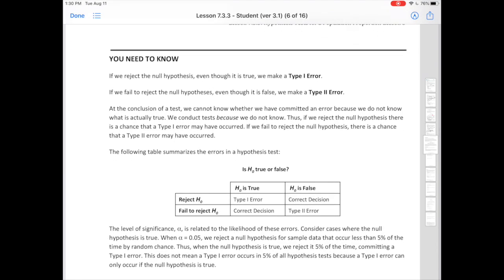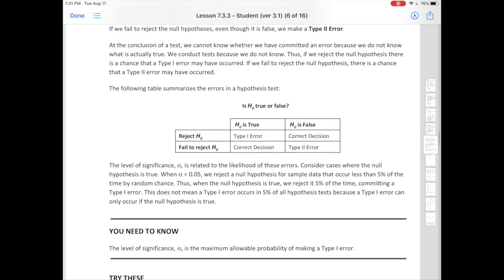So if we reject the null hypothesis, even though it is true, we call that a type 1 error. If we fail to reject the null hypothesis, even though it is false, we make a type 2 error. The thing is, you're never going to know if you made one of these errors. At the conclusion of a test, we cannot know whether we have committed an error because we do not know what is actually true.